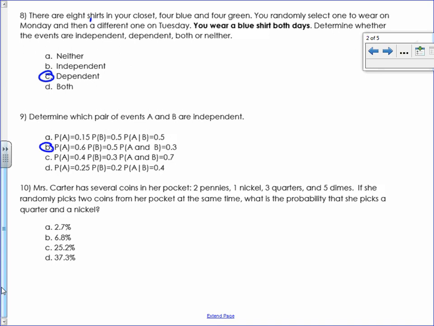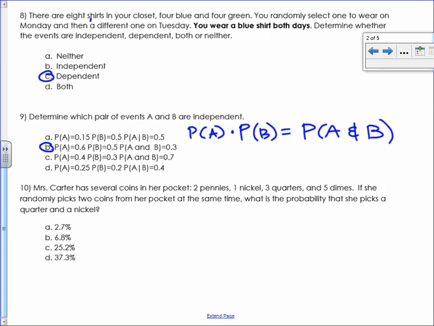All right? And so why is that? Because 0.6 times 0.5 equals 0.30. Okay. So you're just using that rule. So if the probability of A times the probability of B equals the probability of A and B, then yes, they are independent, okay?